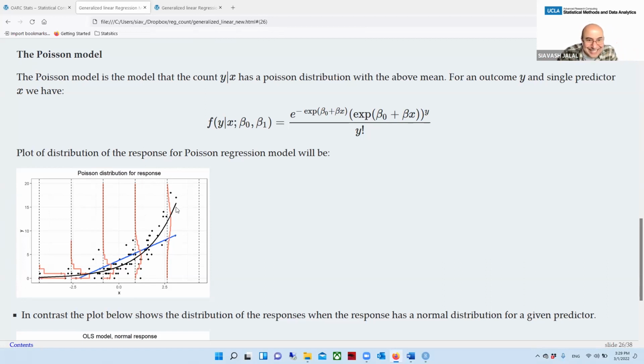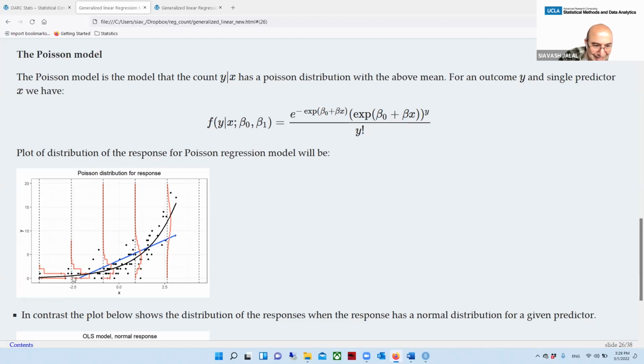And you see that this is this, but the link function is also helpful. If we do an identity link, we could get a negative expected value.